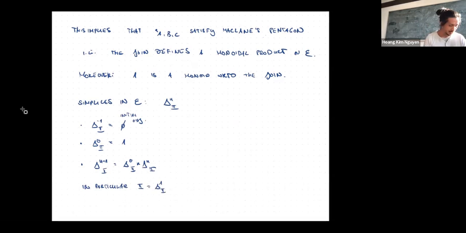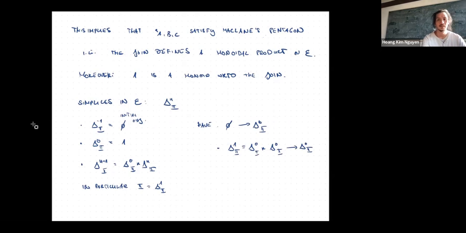And then this terminal object, or delta 0, is a monoid object. We have this canonical map from the initial object to it, and this canonical map, turning this into a monoid.